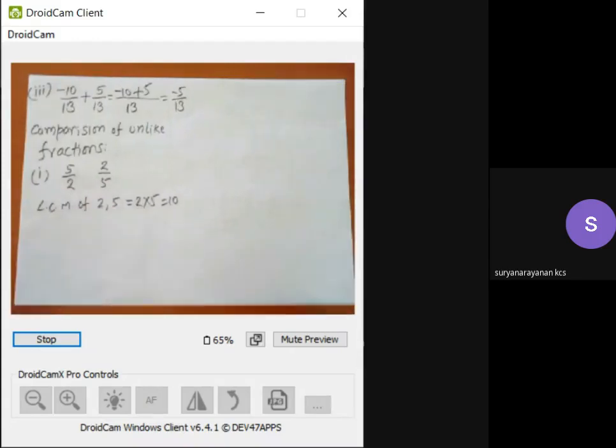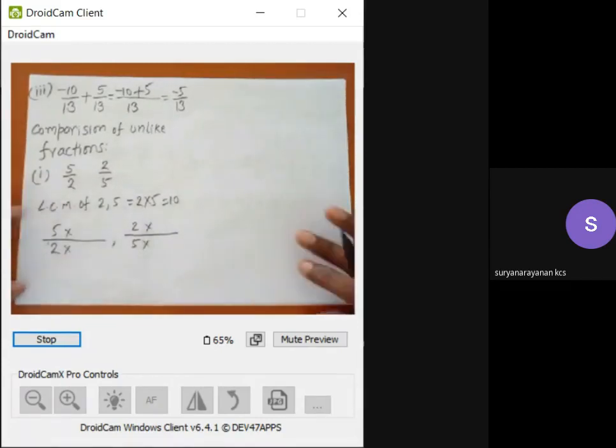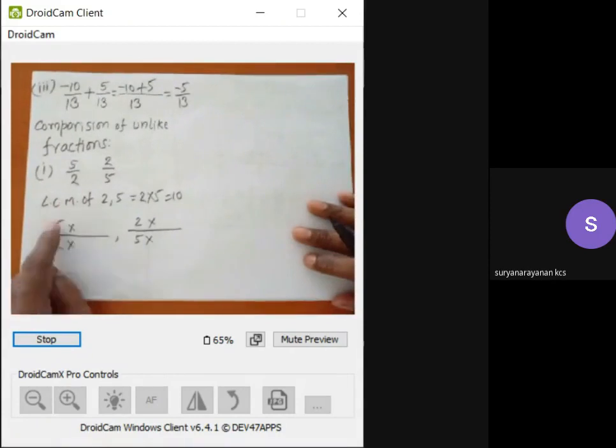Okay, my dear children. So for that, we write the first fraction as 5 by 2, and in the numerator we extend this line and we keep the into symbol, in the numerator and in the denominator.